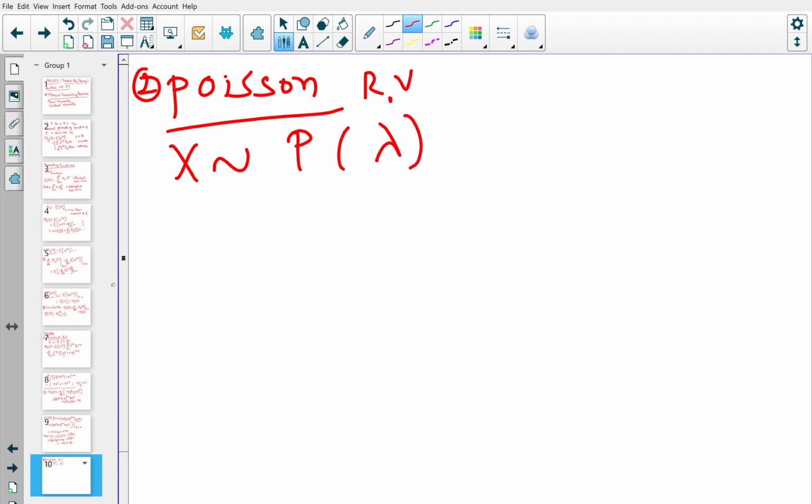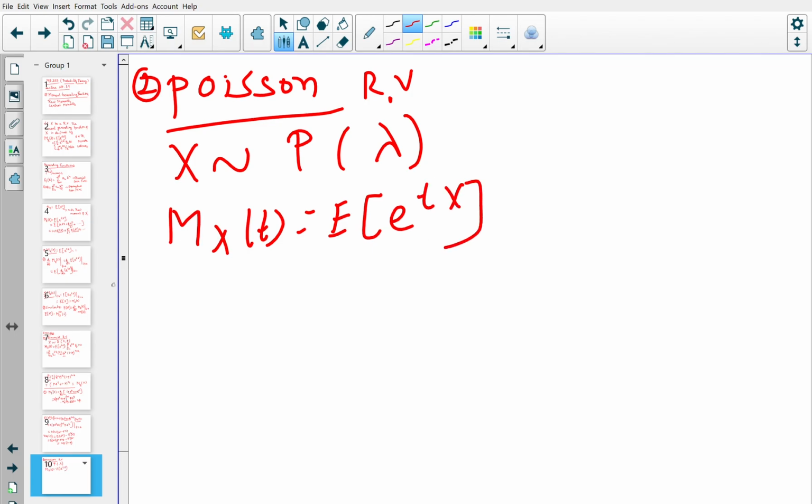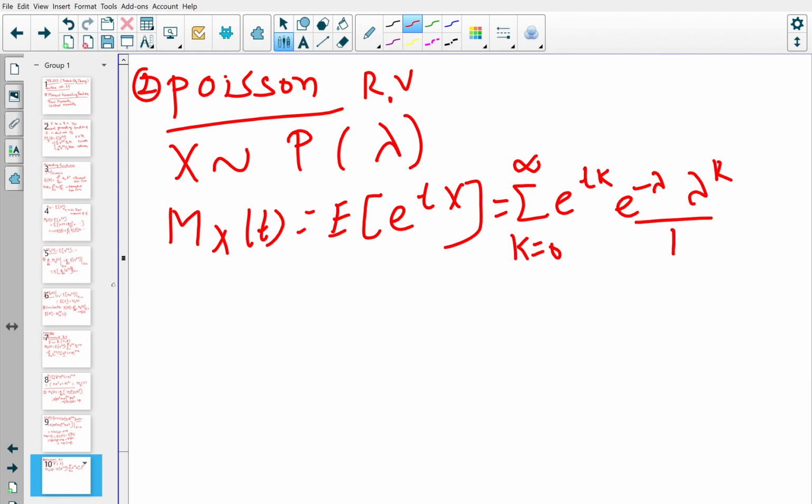Then we can easily find that M_X(t) is nothing but expectation of e power tX. Suppose again taking values 0 to infinity, we have e power tk and e power minus lambda and lambda power k by factorial k.